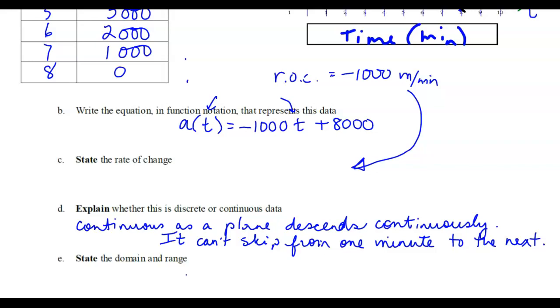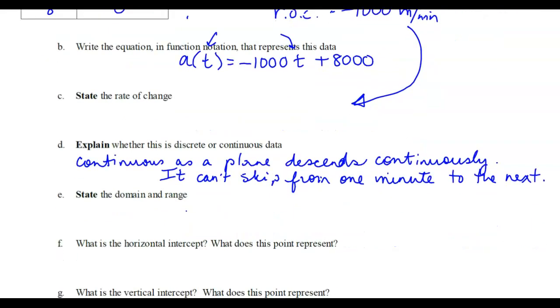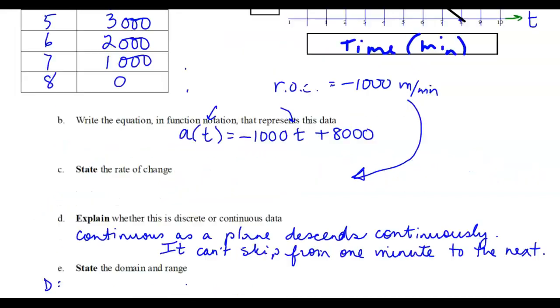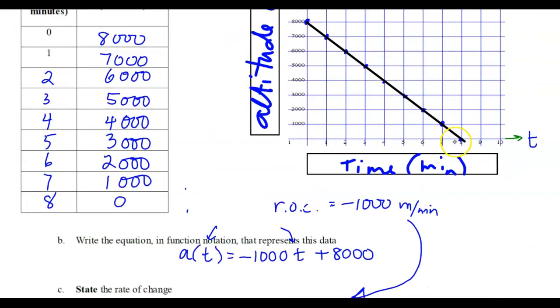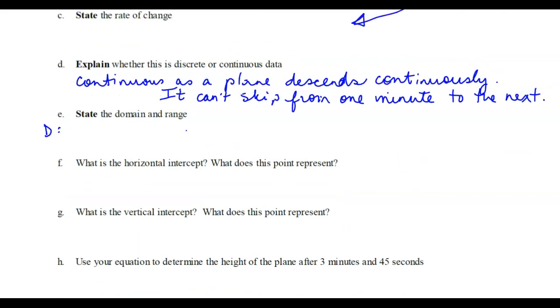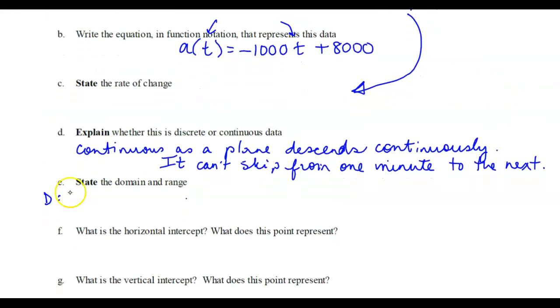Domain and range. So it doesn't say what form to put it in. If I put it in interval notation, look back, your time goes from 0 to 8, and your altitude goes from 0 to 8,000. So this would be from 0 to 8, and the range from 0 to 8,000.